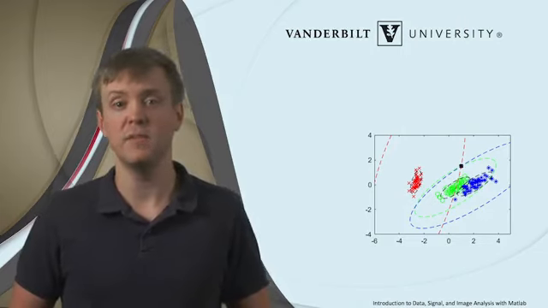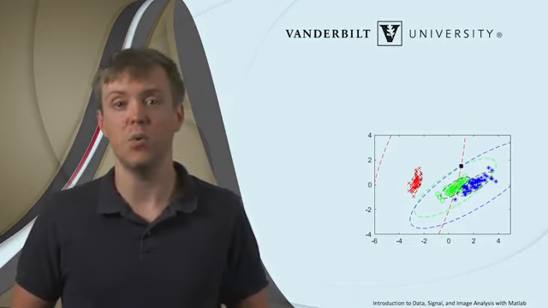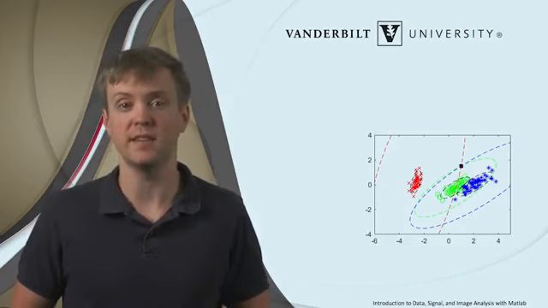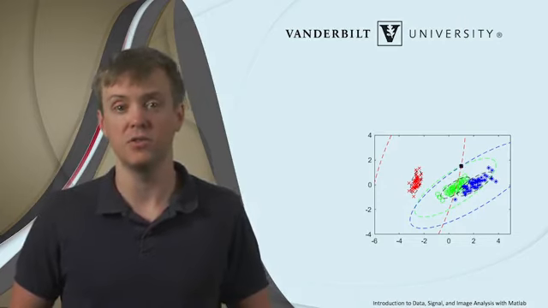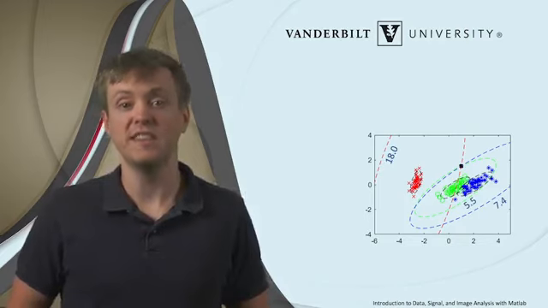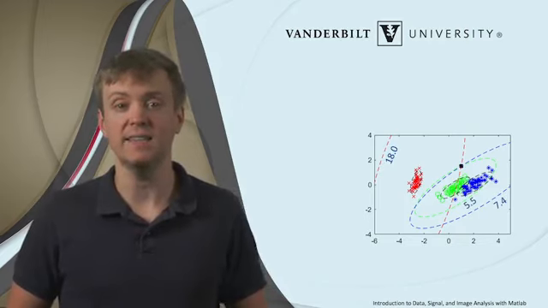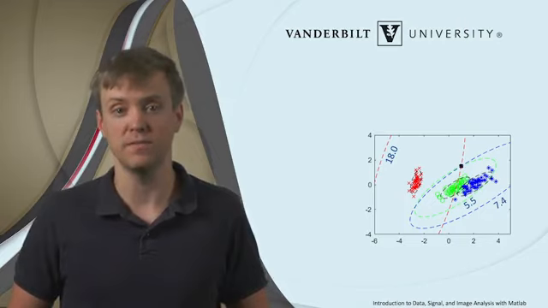We can also find the Mahalanobis distance, that is, how many standard deviations away from the mean the data point lies to each class. That's represented with these wider contours with color code corresponding to each class. We can see that the new data point lies 18 standard deviations away from the mean of the red class distribution.